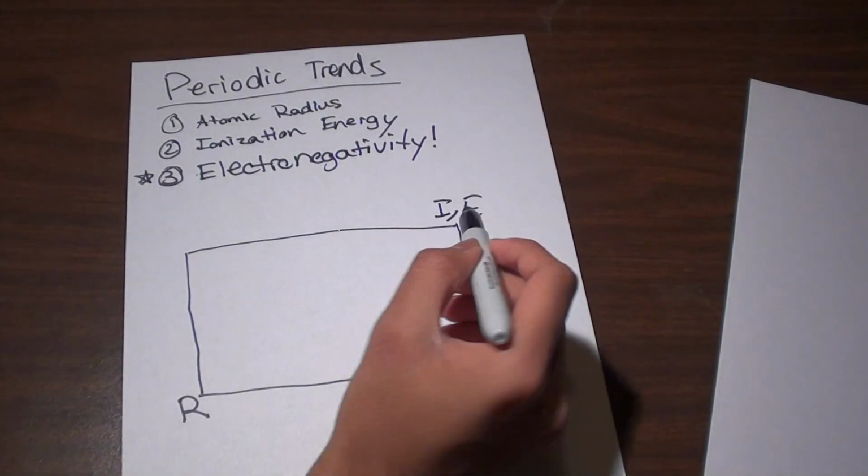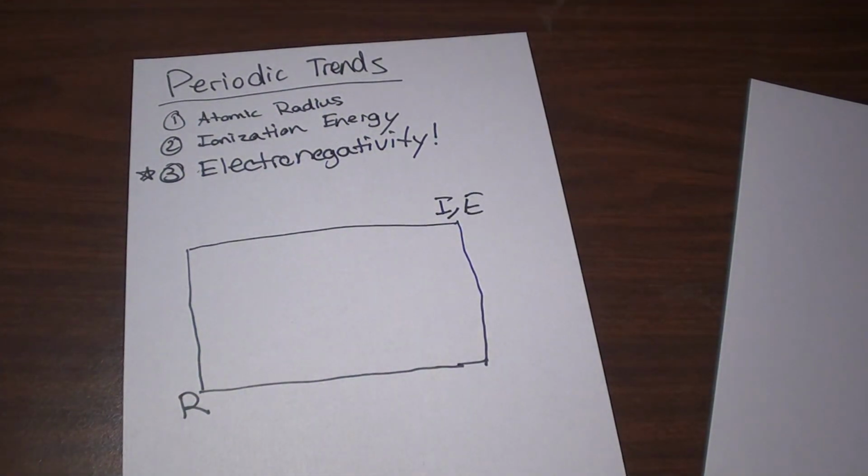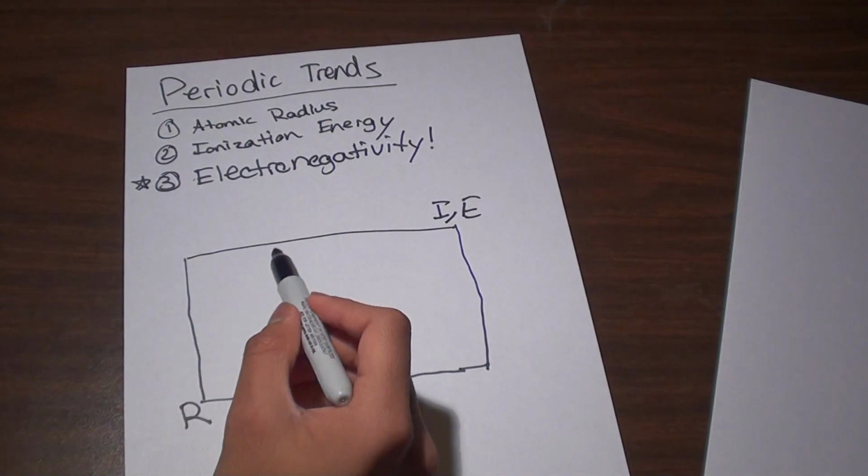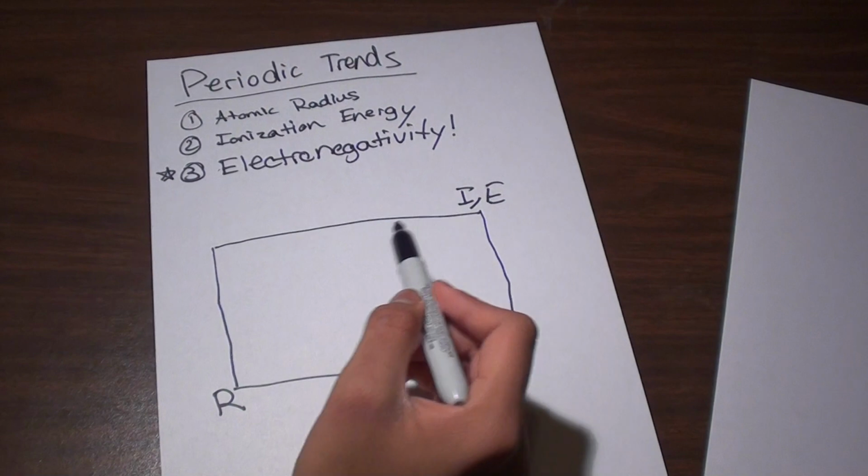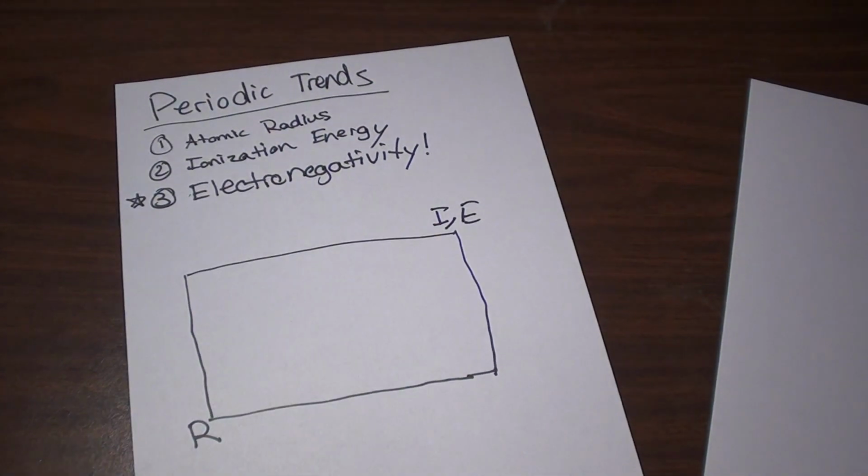And then ionization energy is how much energy it takes to take away an electron from the nucleus of an atom. It increases as you go to the right, and it also increases as you go up the periodic table.